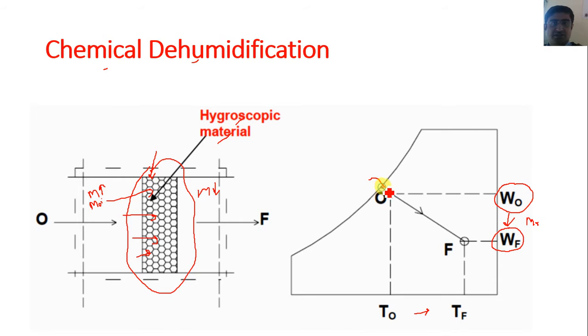So the slope may vary from O to F, or from O to F dash. Here you can see the value of enthalpy HO, and here is the value of enthalpy HF dash. The value of HF dash gets increased as compared to HO in the actual case. Here is the ideal case.